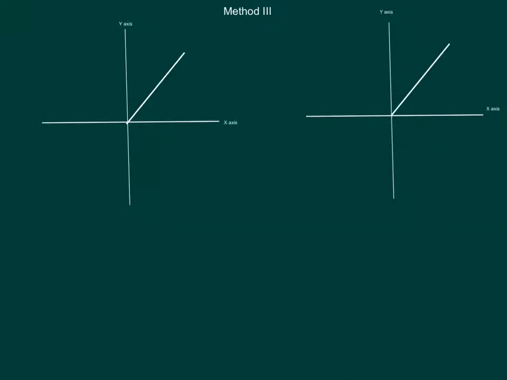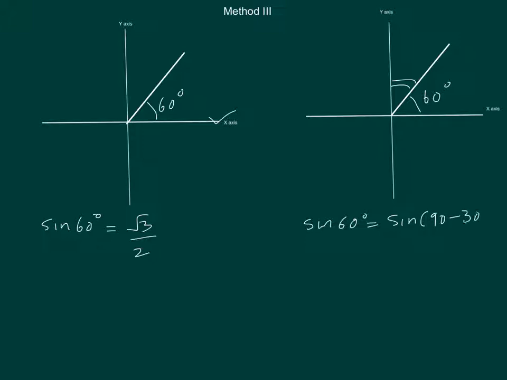Let us also look at an angle in the first quadrant. Say this is 60 degrees, and we are supposed to find sine of 60. Then taking x-axis as the line of reference, no need to do anything except to use your table and directly write the value. But when we are taking y-axis as the line of reference, then sine 60 can be changed to sine of 90 minus 30 degrees.